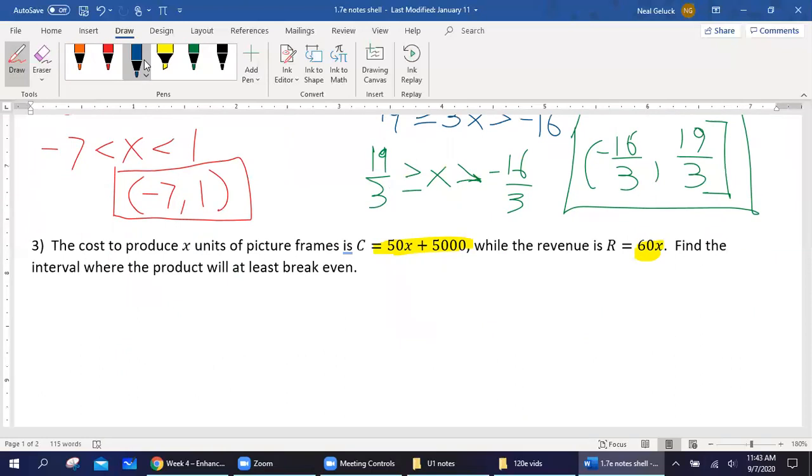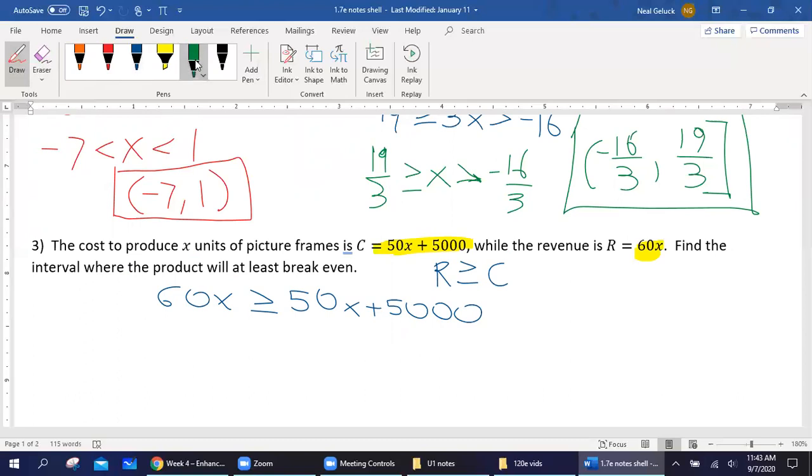Well, if we want to at least break even, we want our revenue to at least equal or be better than our cost. So I want 60x to be greater than or equal to 50x plus 5,000. Then I'll at least break even or make some profit.